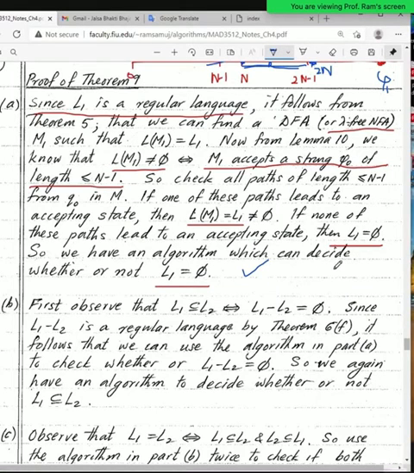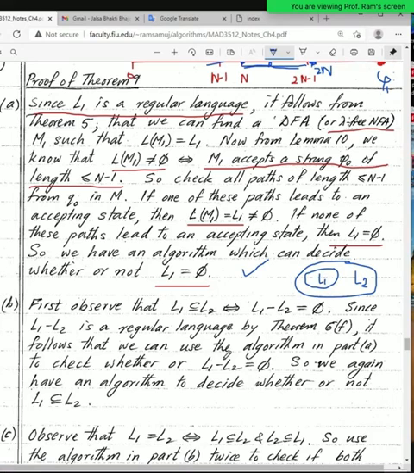So you say, okay, if this is L1 and this is L2, the only way for L1 to be a subset of L2 is for L1 minus L2 to be equal to empty.